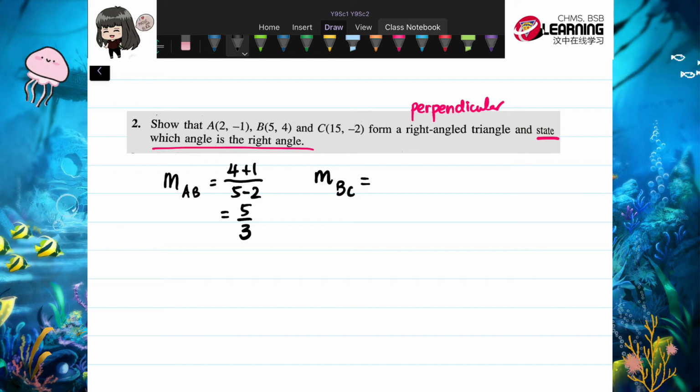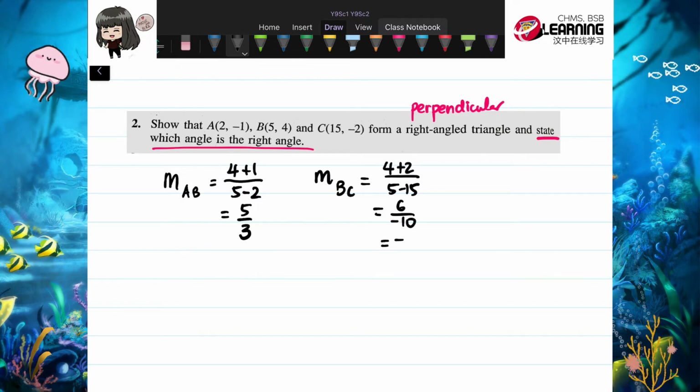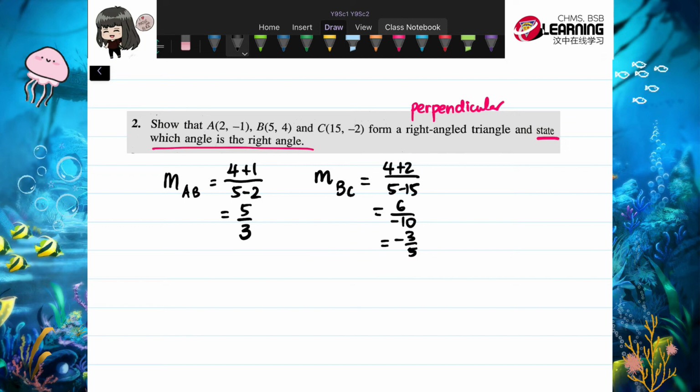So m BC is y2 minus y1, 4 minus negative 2 becomes plus 2, over 5 minus 15, so 6 over negative 10, which gives negative 3 over 5. You see these two? These two already give you negative reciprocal.